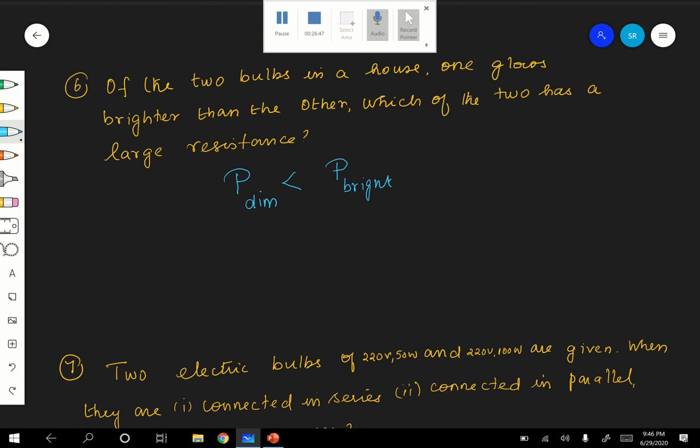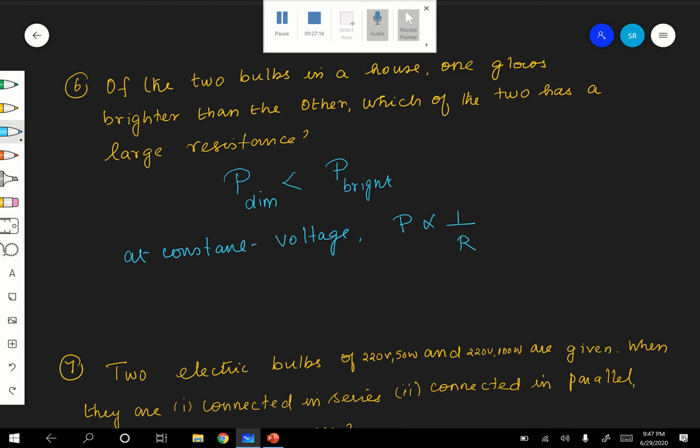Now, because it is a parallel connection, all are connected in parallel, which means the voltage will be the same, 230 volt for all. At constant voltage, you know very well, P is proportional to R. Correct?